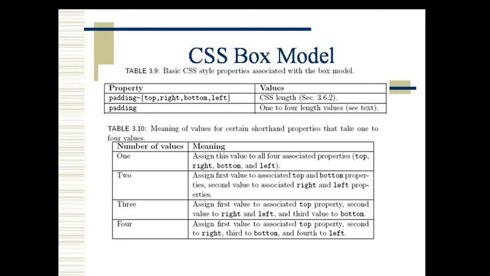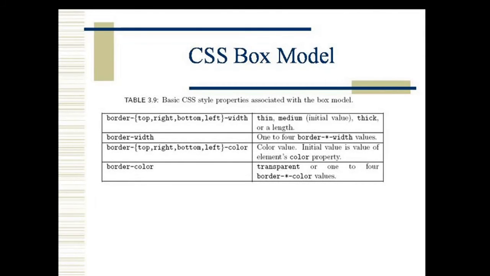If we specify 2 values, then top and bottom will get the same value, and right and left will get the same value. If we give 3 values, then assign the first value to the top property, the second value to right and left, and the third value to bottom. And if we specify 4 different values, then top, right, bottom, and left will be different and individually set.